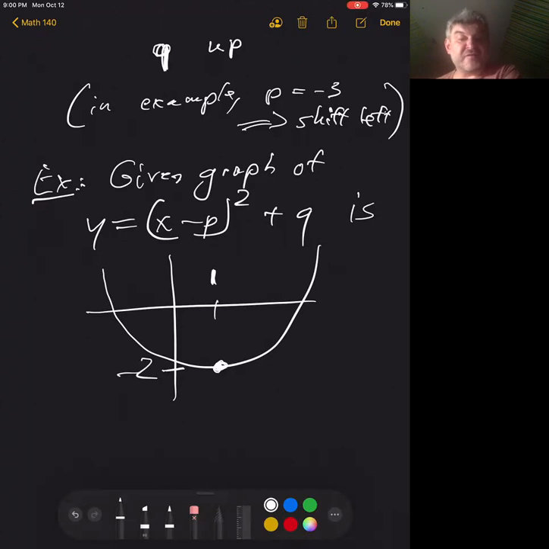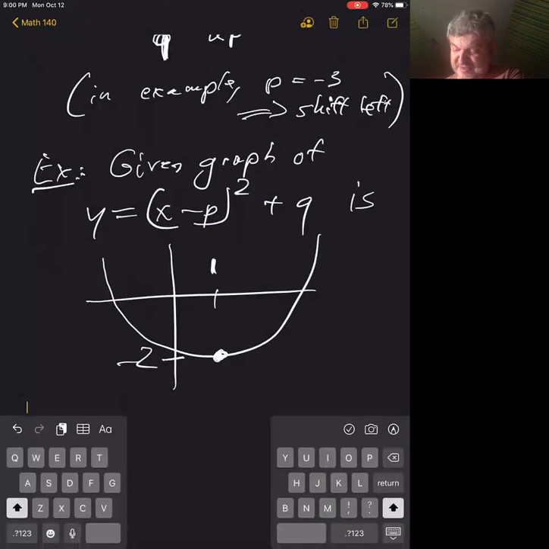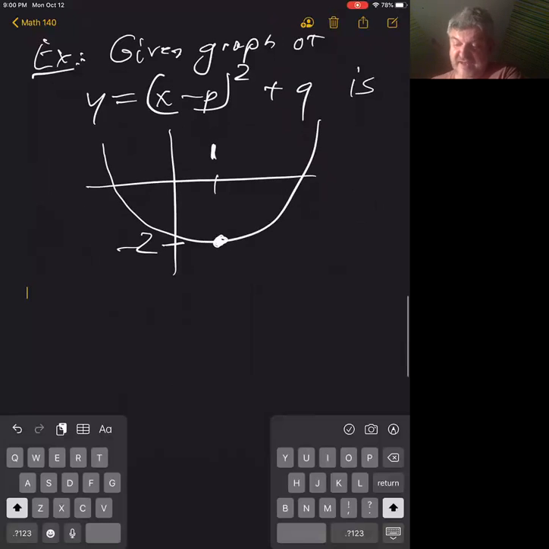And I've marked one special point. That point, x coordinate is 1, y coordinate is -2. What shift do we need? What values of p and q do we need to get this graph?